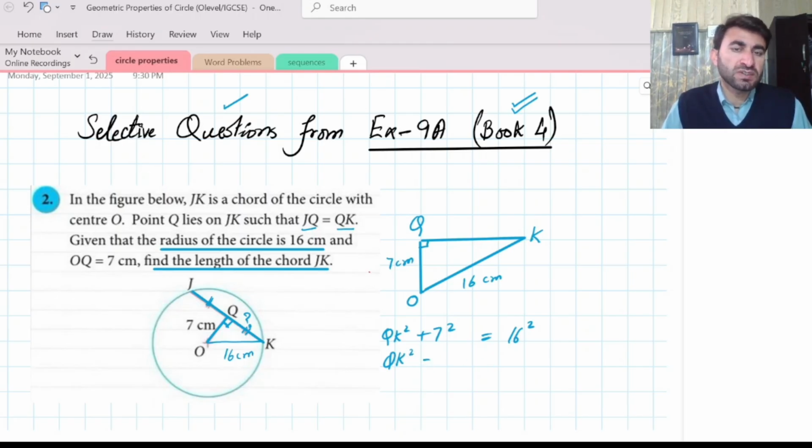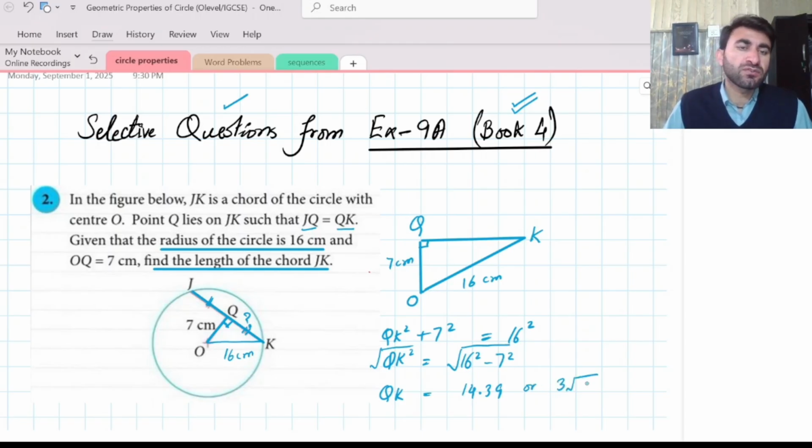So QK squared equals 16 squared minus 7 squared, and to find QK, we take the square root of both sides. Using a calculator, the value of QK becomes 14.39, or if we want to keep it in surd form, it is 3 times the square root of 23.